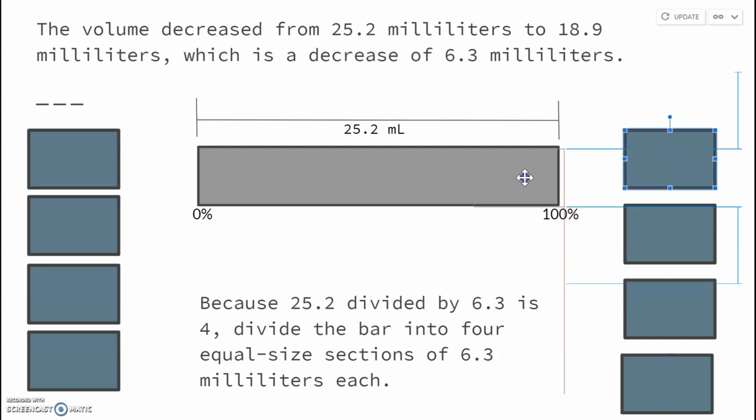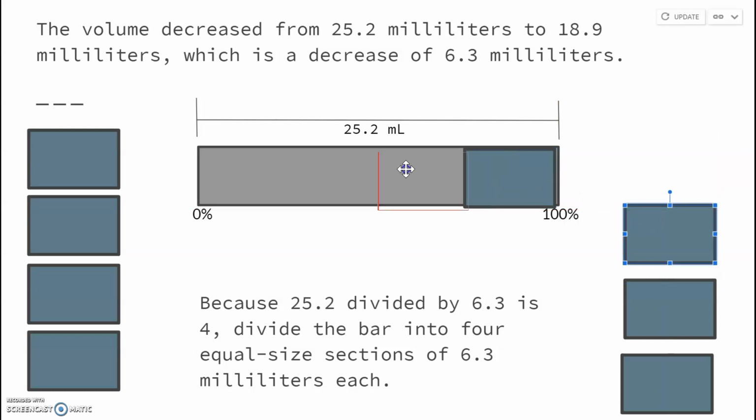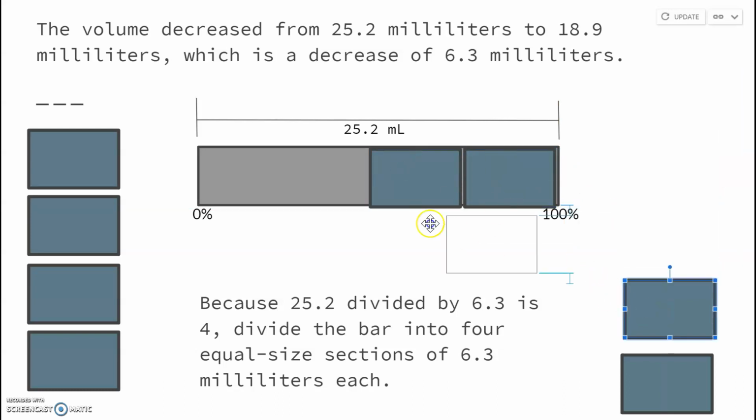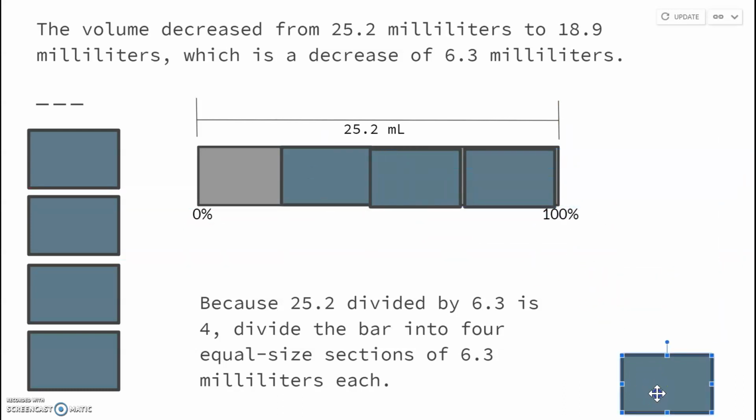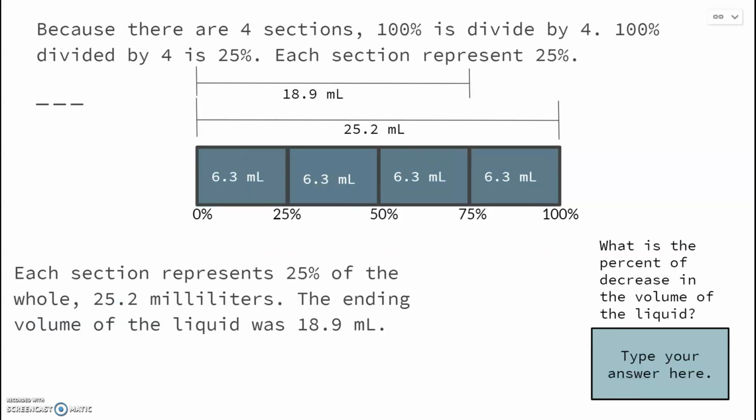So I can drag 1, 2, 3, and 4 tiles over, and that's my full bar. Each section is 6.3 milliliters, and because there are 4 sections, 100 is divided by 4, which gives me 25, 50, and 75. Each section represents 25%.